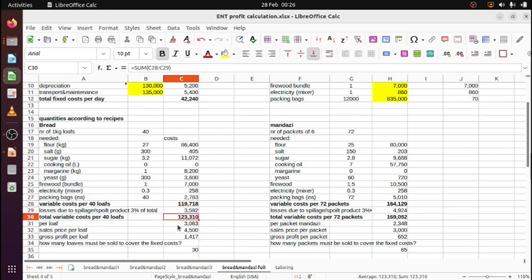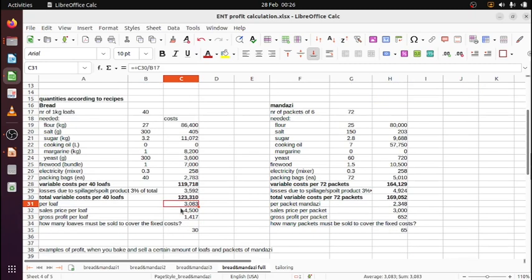So then per loaf I divide it over 40 loaves, so just over 3,000 shillings per loaf is my production cost, my variable ingredients mainly, and then the sales price per loaf is 4,500, so my gross profit is 1,470 per loaf.